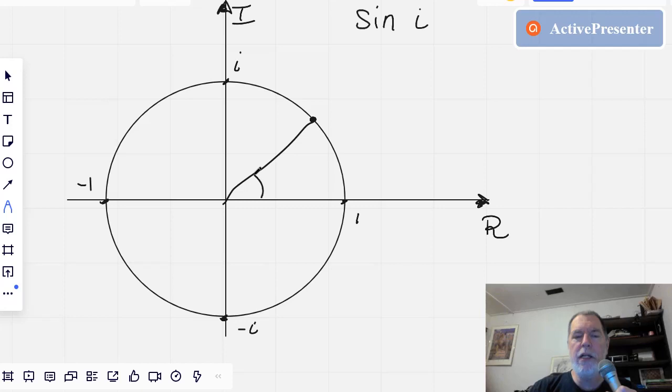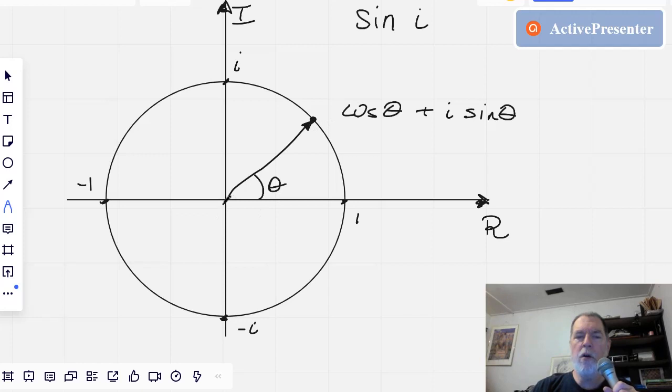And this is our angle theta. So we can represent this point in a couple of ways. One way is to call it the cosine of theta plus i times the sine of theta. And when we do that, it's like we're considering this point here to represent a vector.